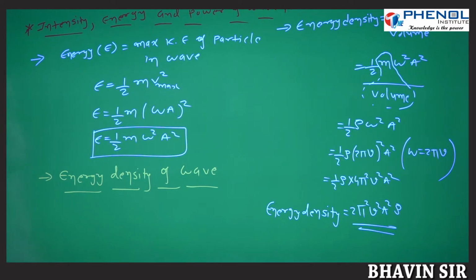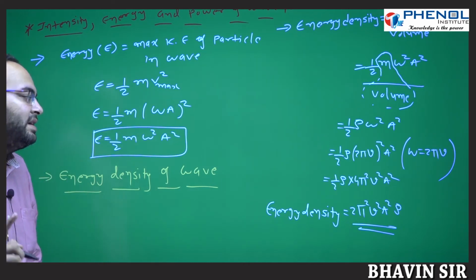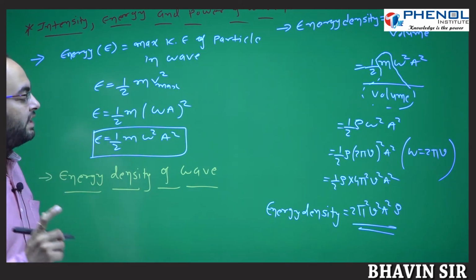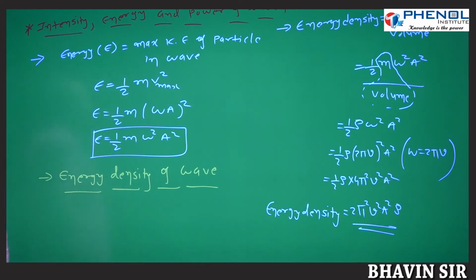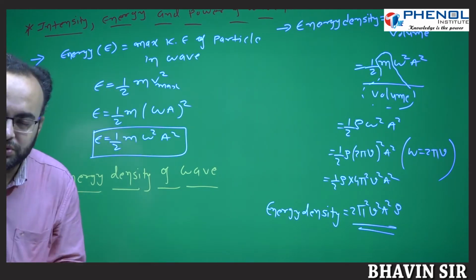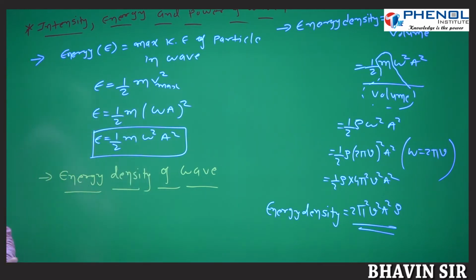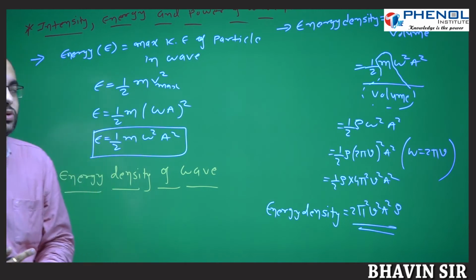So what is the energy density of wave? 2 pi square, nu means frequency, a is amplitude. So what is the energy density of wave? 2 pi square nu square a square rho. Rho means density of medium. Okay, so this is the formula.